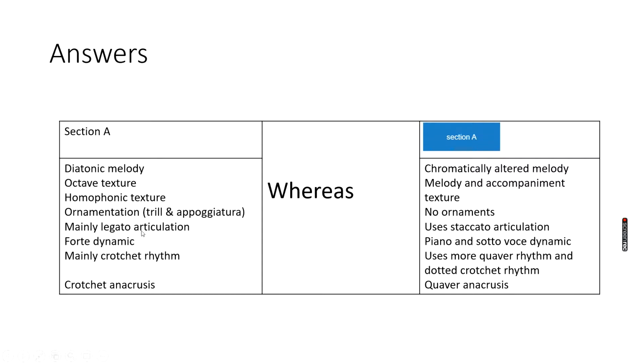The articulation is mainly legato in the minuet, whereas in section A of the trio, he's actually using more staccato, a mixture of both. The dynamic is forte in the minuet, whereas in section A of the trio, it is piano and sottovoce.